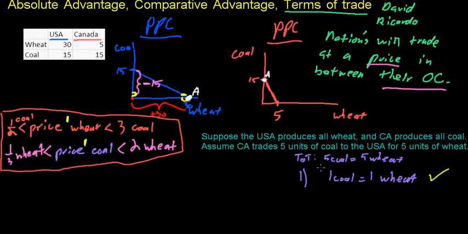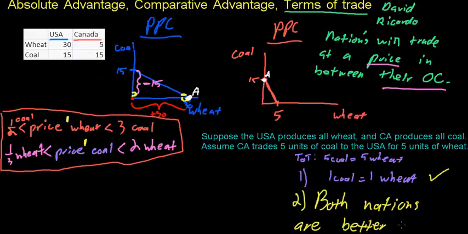Now the next thing I want to show you, and this is the whole point of this entire sequence of videos, is that both nations are better off. Here's how we see this. We're saying that Canada is trading 5 units of coal to the USA for 5 units of wheat.